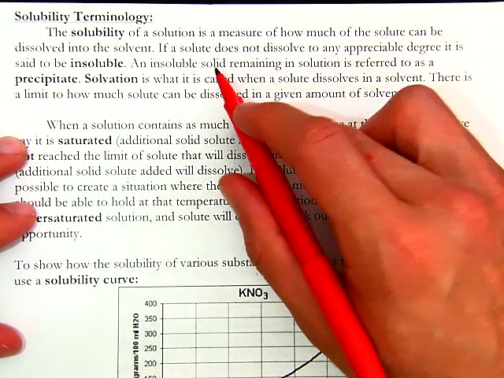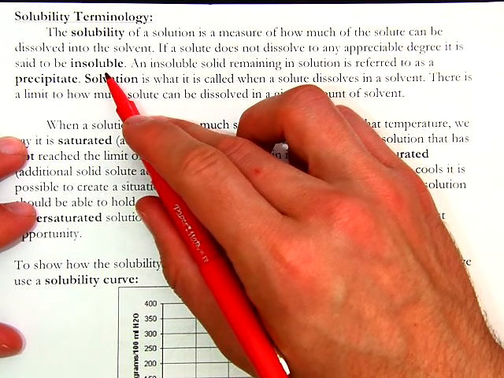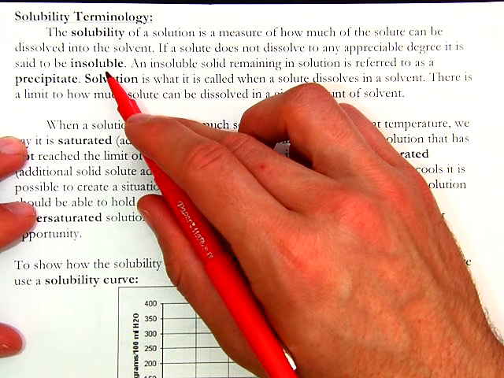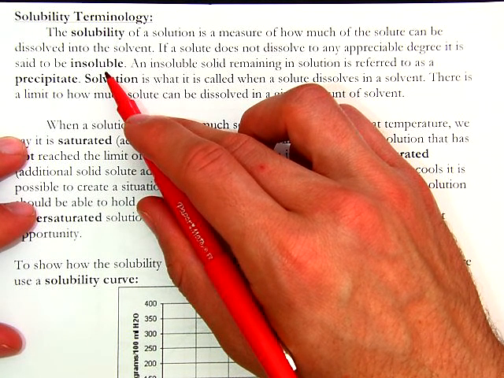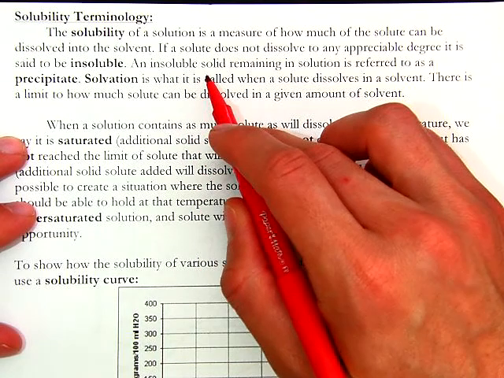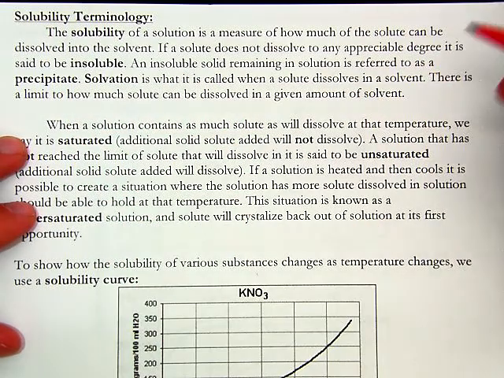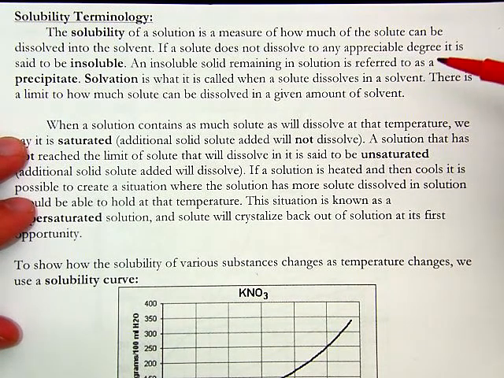Sometimes the solute doesn't really dissolve to any appreciable degree, and that's what we would call insoluble, meaning it doesn't dissolve in the water. It doesn't go into solution. An insoluble solid remaining is referred to as a precipitate. Solvation is what it's called when the solute dissolves into the solvent, when it gets pulled apart by the water molecules.